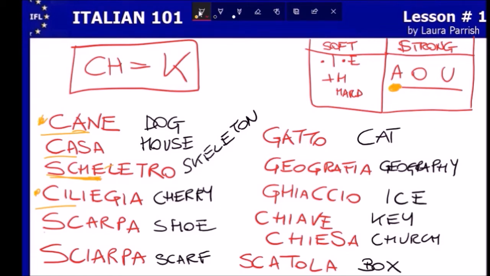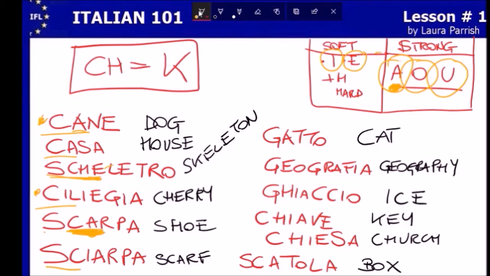This is scarpa, shoes, ska, ka, strong, because the A is strong. Because remember, here you have to remember, A is strong, O is strong, U is strong. The sounds are strong. Soft are only I and E. So when you find a strong letter, the sound is strong. Scarpa is A strong, so it's ska, scarpa, shoe, one shoe, only one.